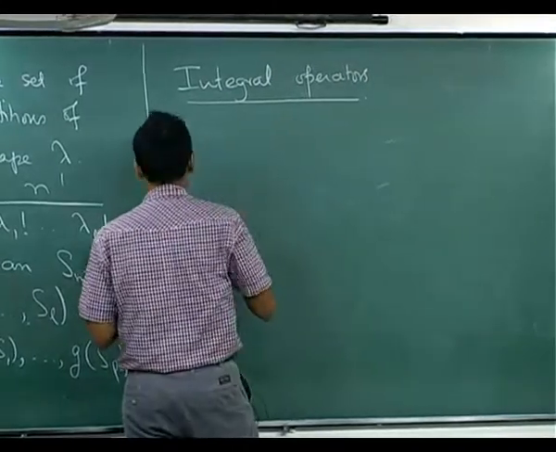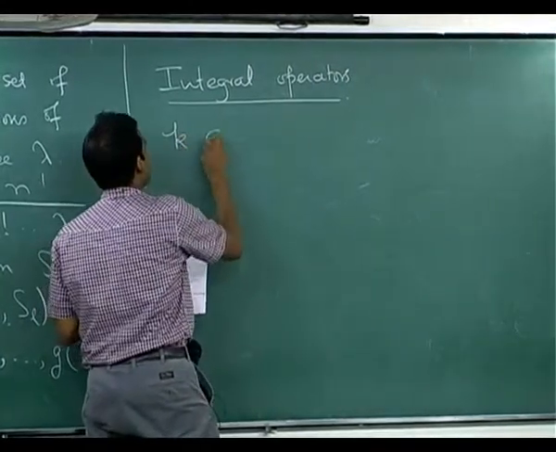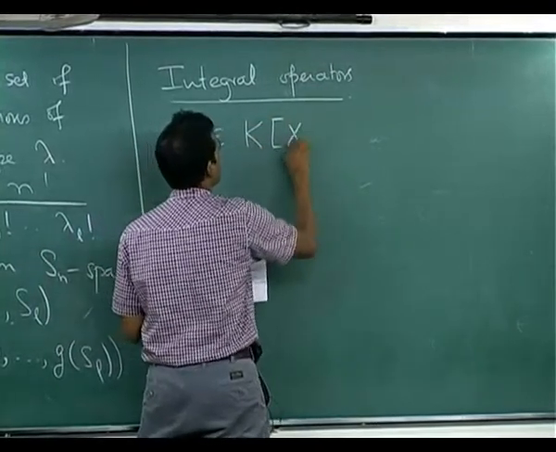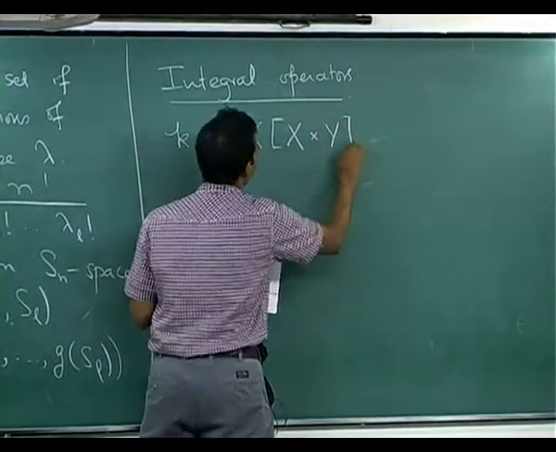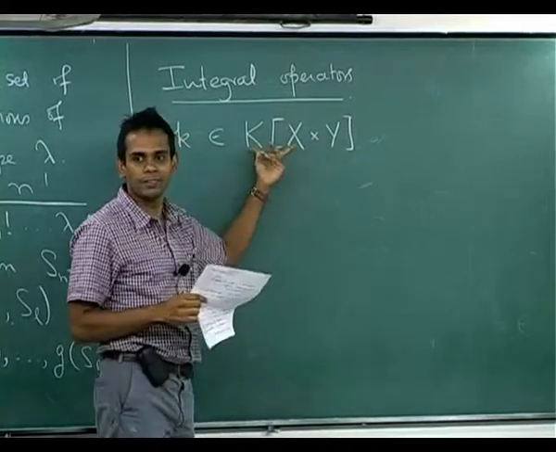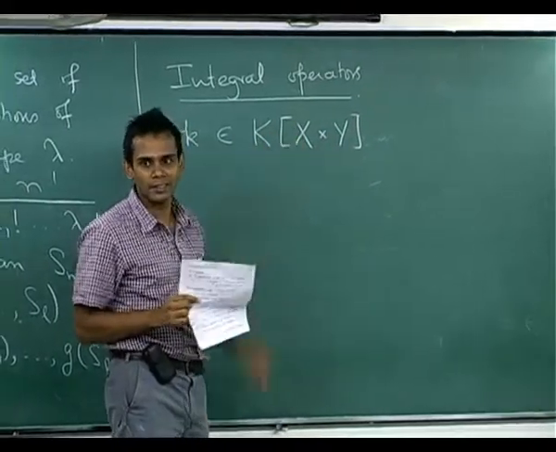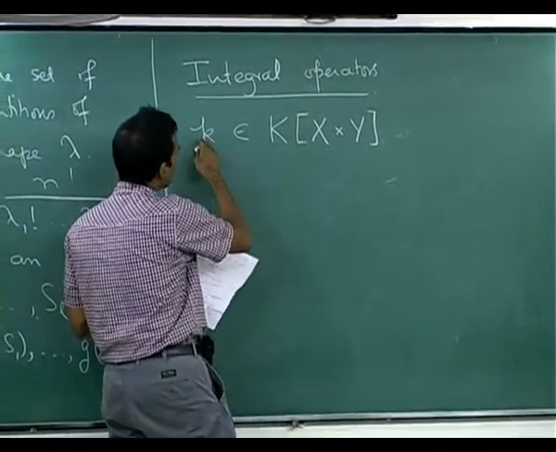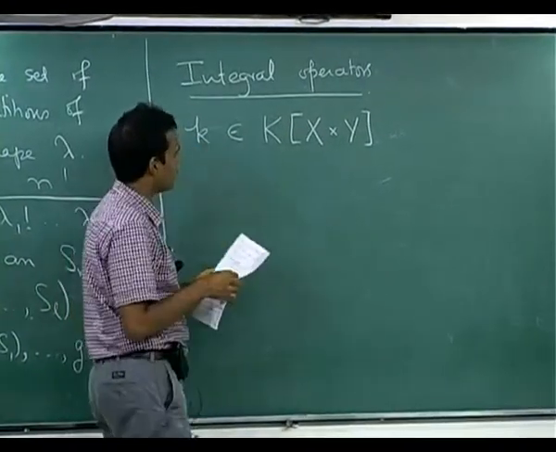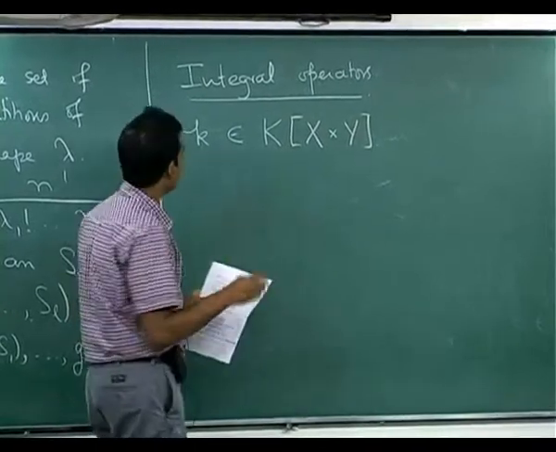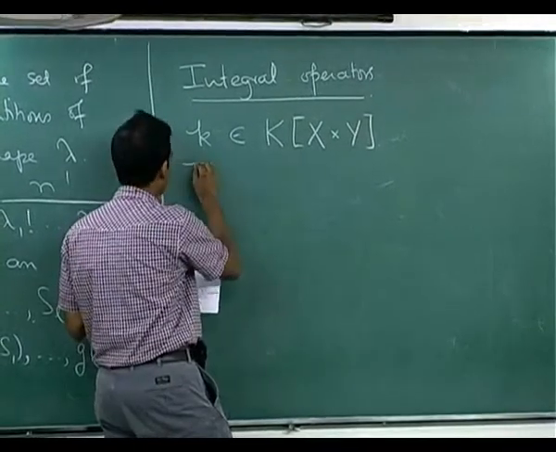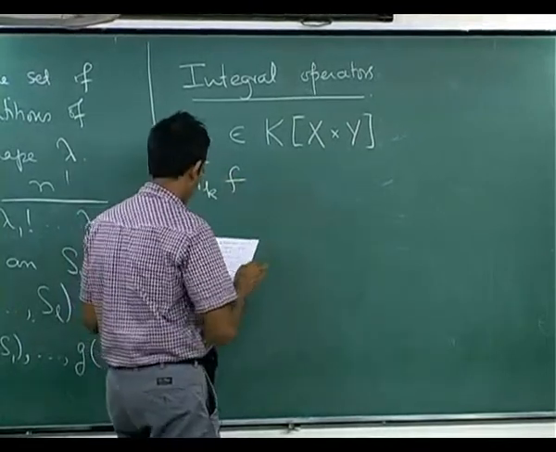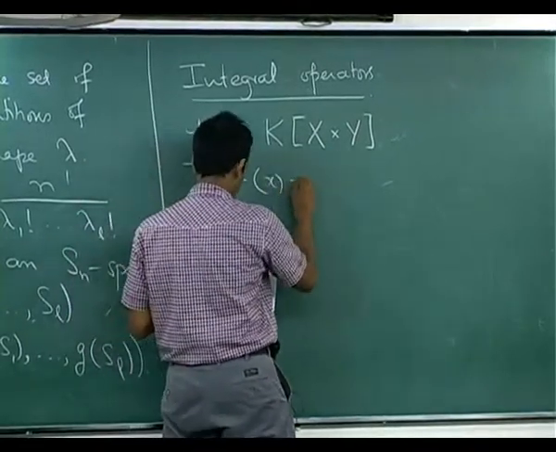And so let k be a K-valued function on the set X cross Y. It's clear what this means, right? K-valued functions on the set X cross Y. This should be thought of as a kernel, and the integral operator with kernel k is defined as, so I'll just write it down.